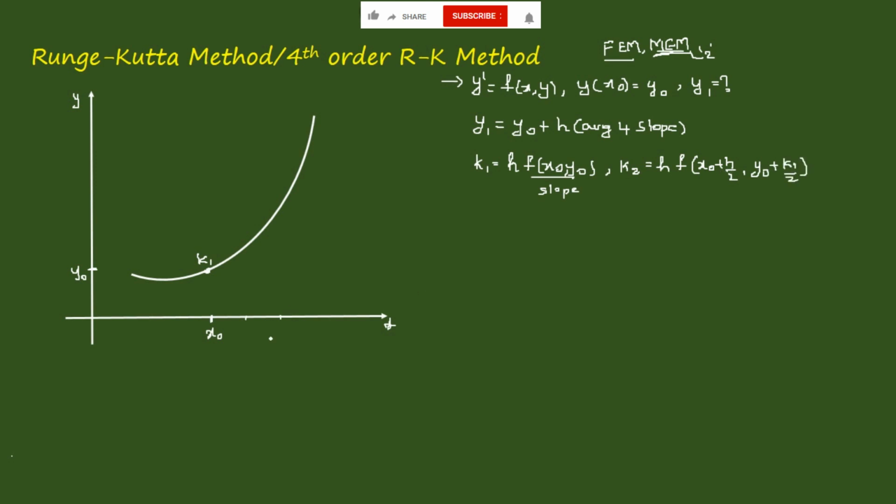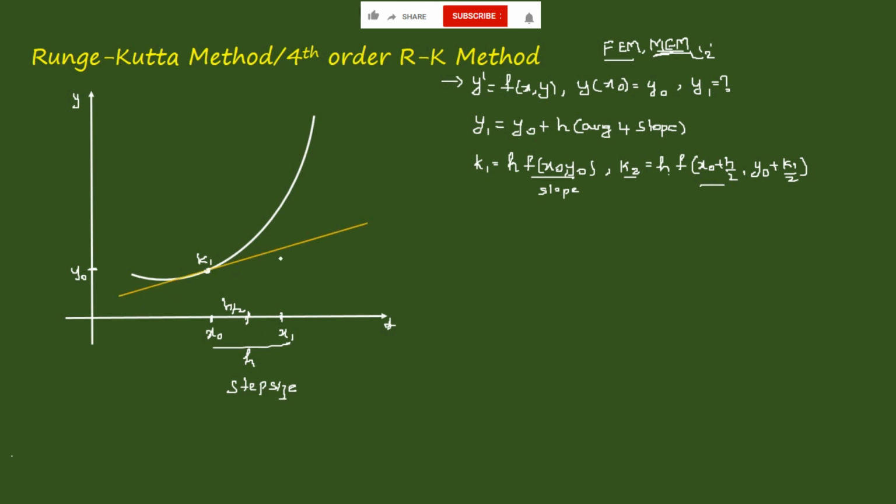What is the h value? If we consider a point here, this one is x1 and half of it is h by 2. The distance between these two is h. It is known as the step size. And half of the step size is used when we consider one more slope, and when we multiply with h, we consider this point as k2.